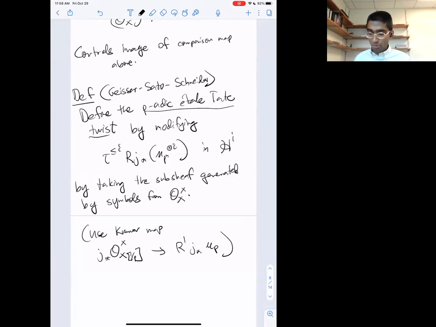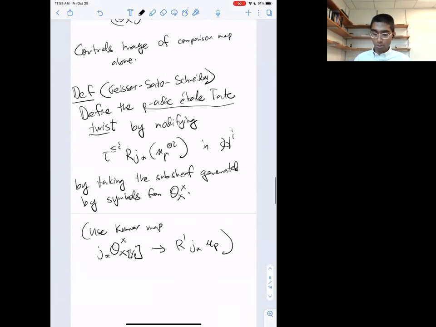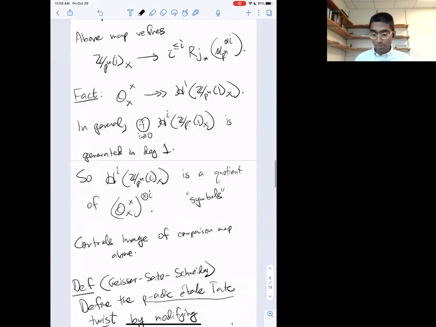And what you want to do here is take the subsheaf that's just generated by local units that are actually living over X. Okay, but so basically you're just modifying it in the top degree to take into account this fact about the top degree cohomology of Z/p^n twisted by i.